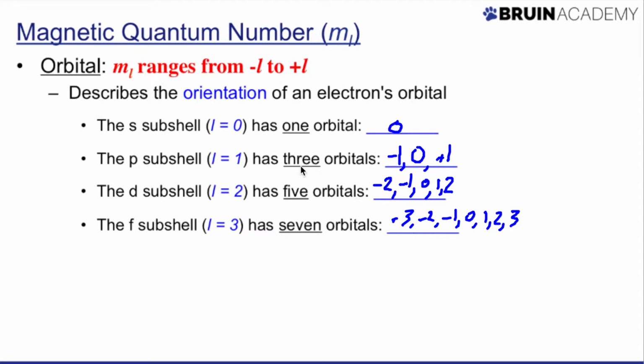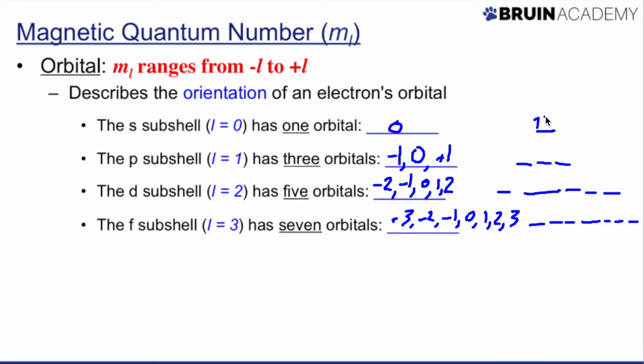All right? And a lot of times we write these orbitals as little lines. So an S subshell has 1 orbital, a P subshell has 3, D has 5, and F has 7. Each orbital contains 2 electrons.